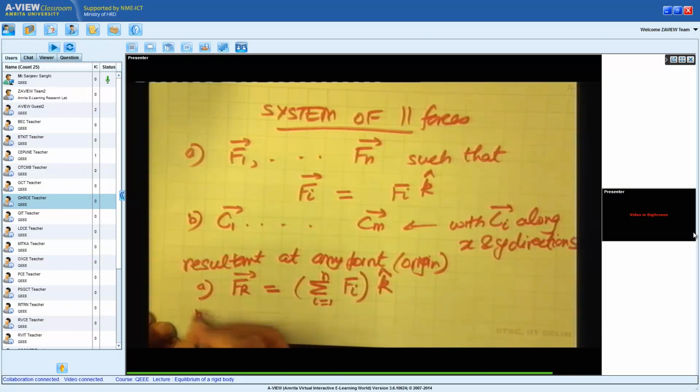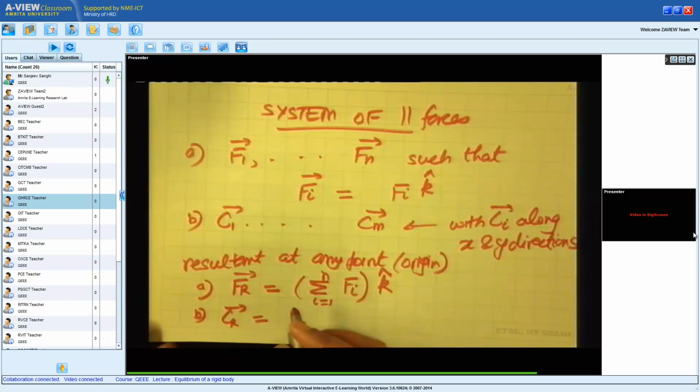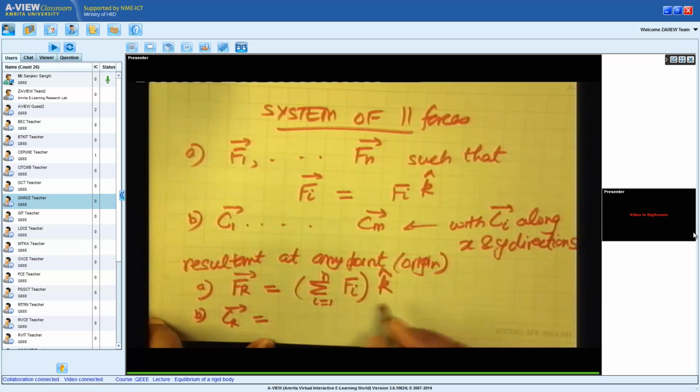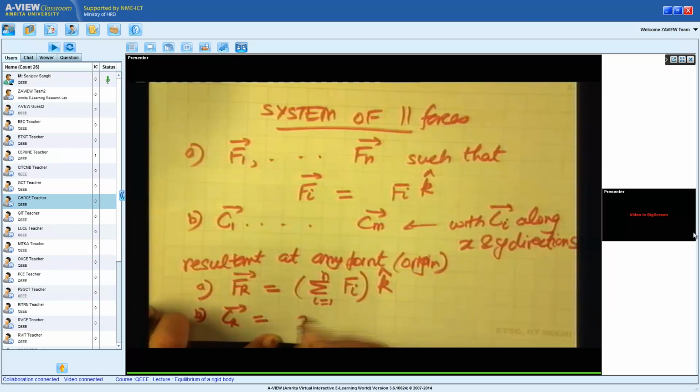And the second part will be a couple, and since we are saying this is from the origin, first of all we'll have to calculate the couple because of each of these forces.